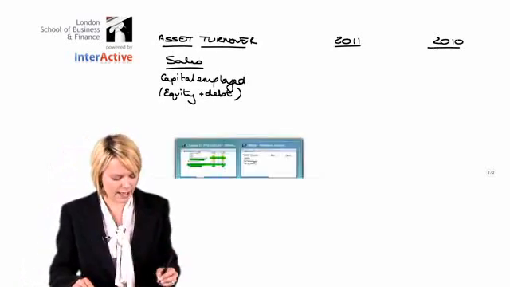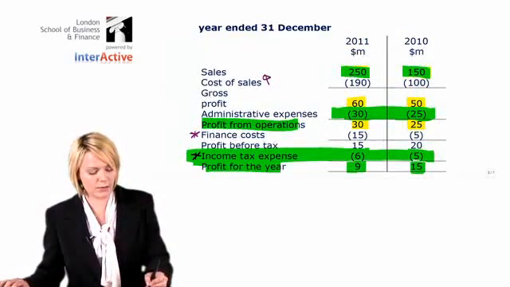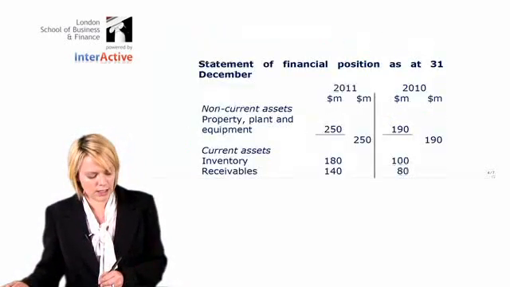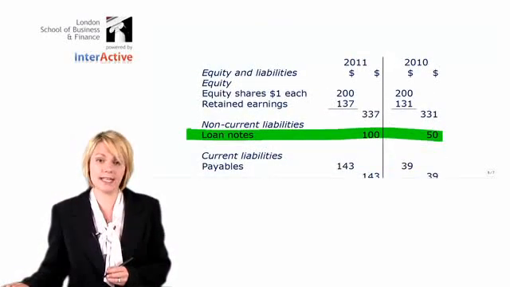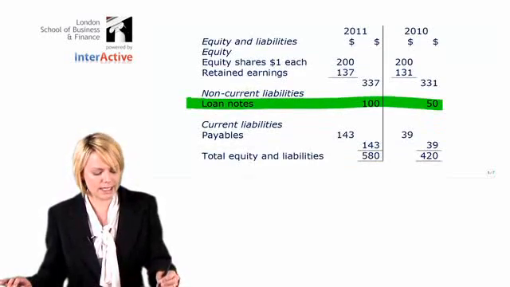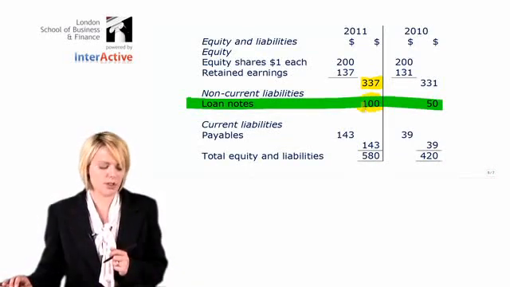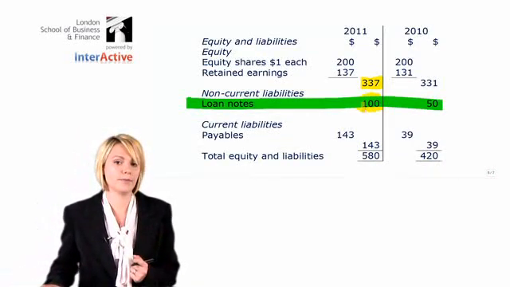So let's have a look back at the financial statements and pick off those figures. Well, again, we know the sales. We've used that plenty of times now. Capital employed, we're going to have a look at the bottom half of the statement of financial position. We can see that equity is 337 and non-current liabilities, long-term debt, is 100.